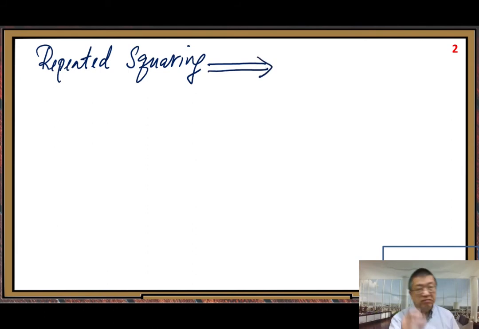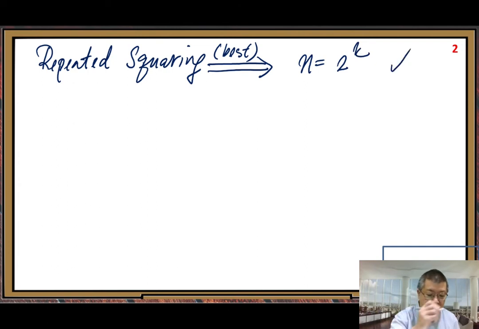When does this method perform at its best? When n equals a power of 2. So this method performs the best.